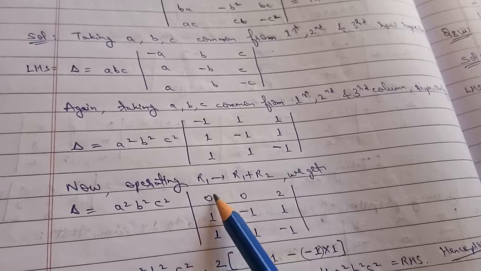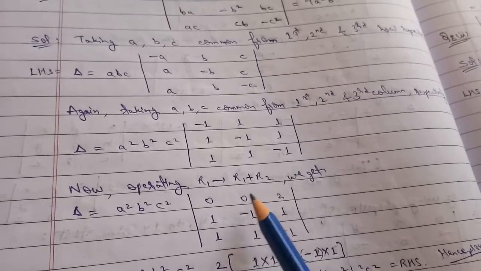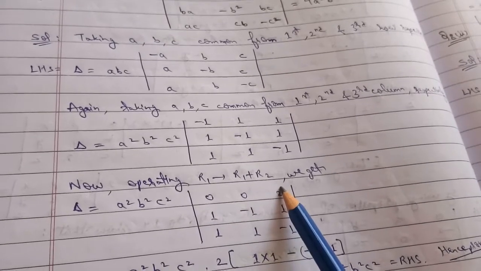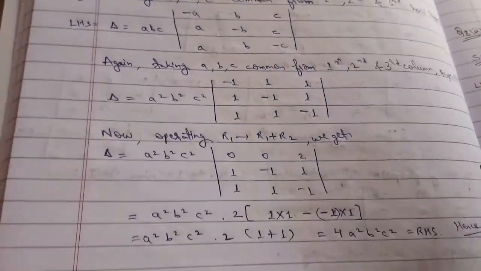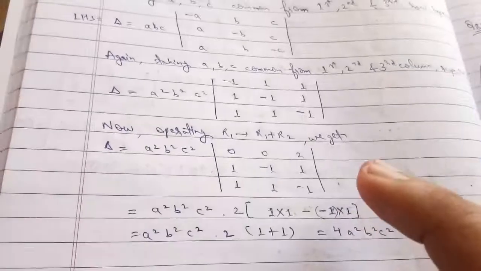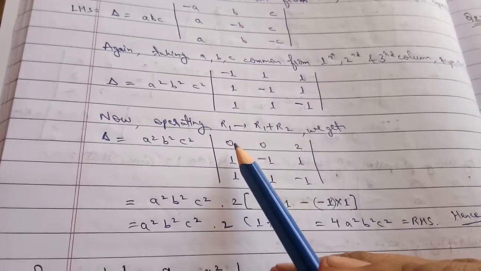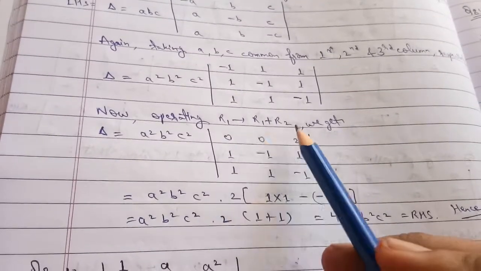So we can see that the first two elements of row 1 are the same, 0. So we can expand this determinant with respect to row 1. If we expand it, what will we get? a square, b square, c square into 2 times the third element. The signs of the determinant are plus, minus, plus.